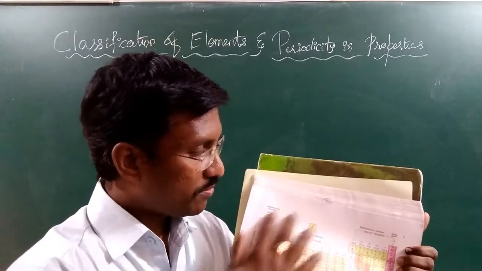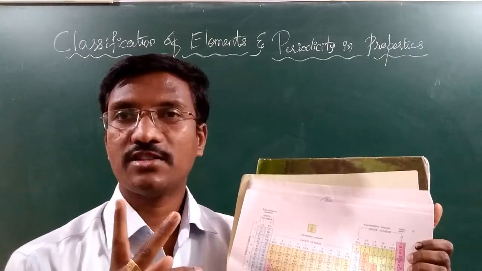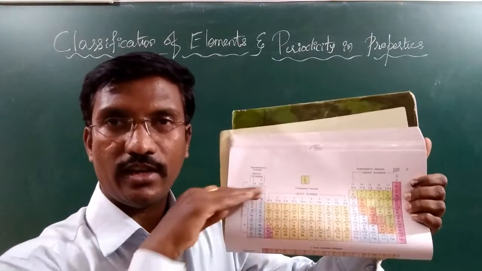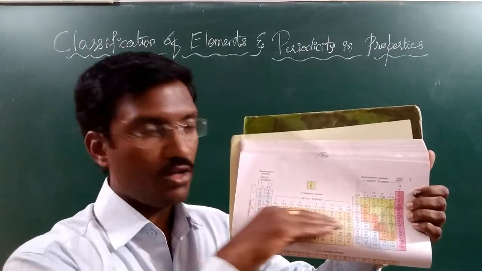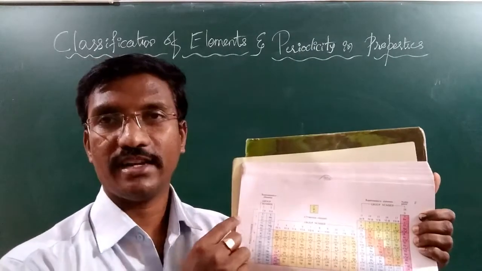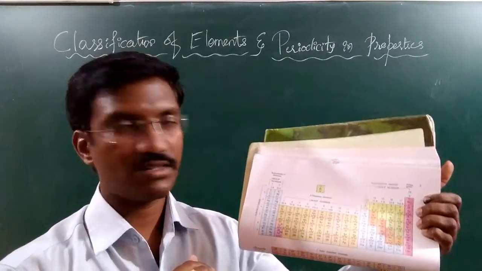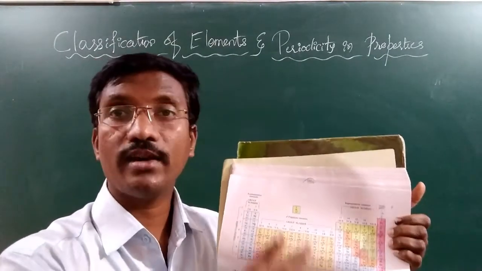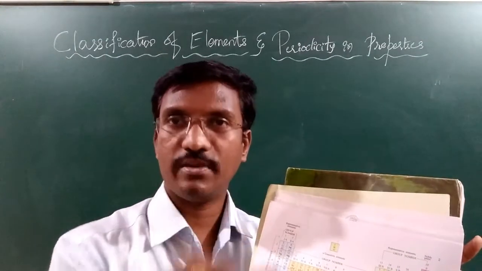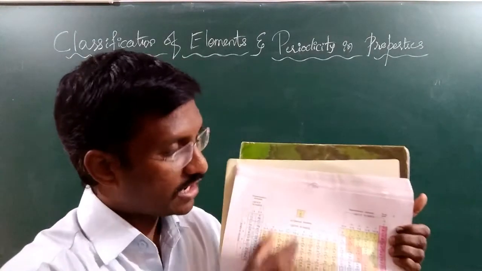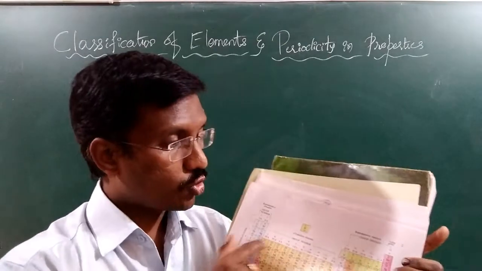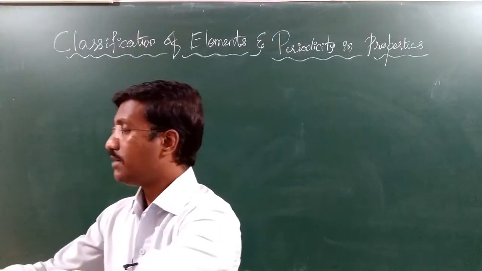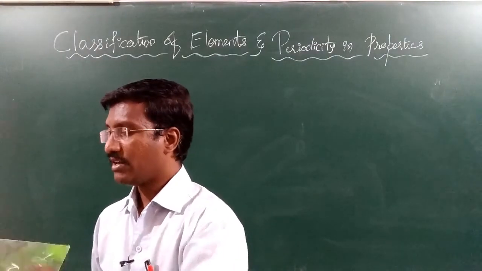Look here, in this modern periodic table, we have two kinds of arrangement. One is the horizontal row. Horizontal rows are called periods. How many periods are there? Total 7 periods. And then the vertical columns. The vertical columns are called groups. So totally 18 groups are there and 7 periods.